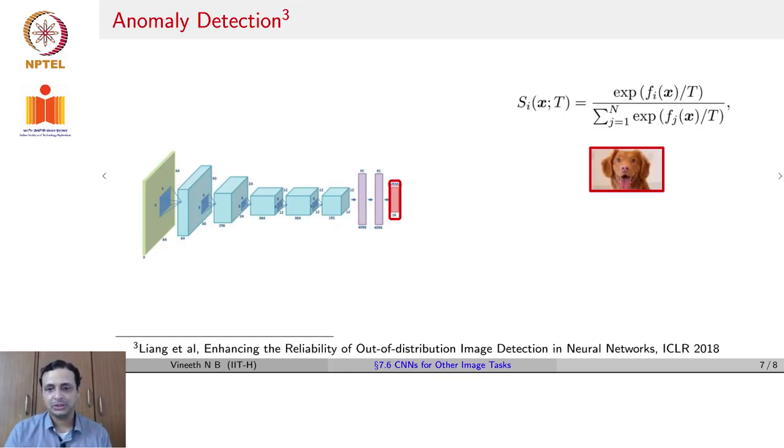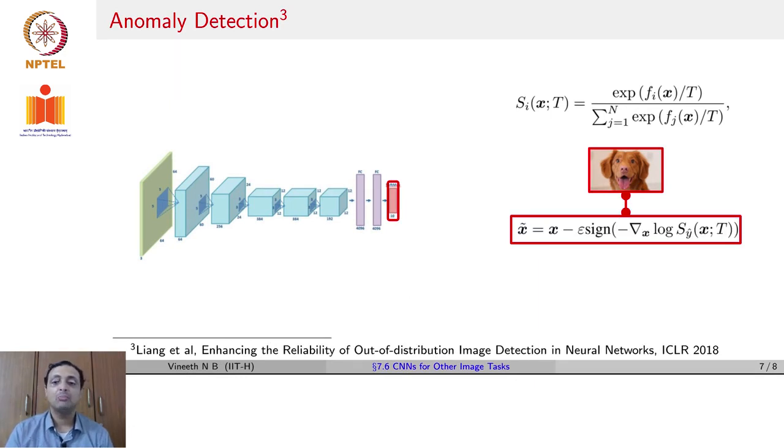In addition to temperature, there is another contribution this approach makes. This work was published in 2018. Assuming that the model predicted a dog as the output for a given image, you do not know if the image was really of a dog or an out of distribution image. You now consider the gradient of the loss function with respect to this input.